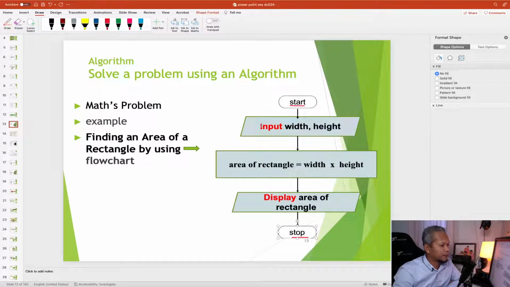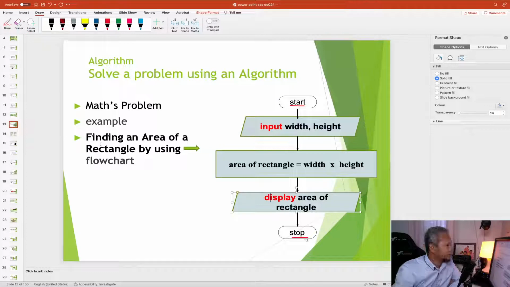The red color is the action, the keyword we need to put on this shape. Okay, after this you will learn about the meaning of every shape.